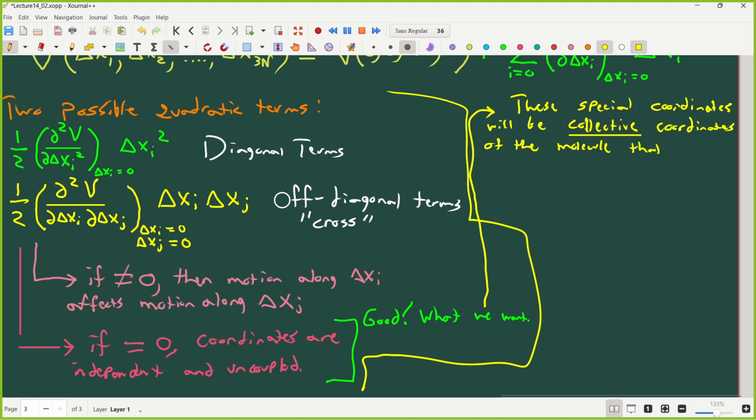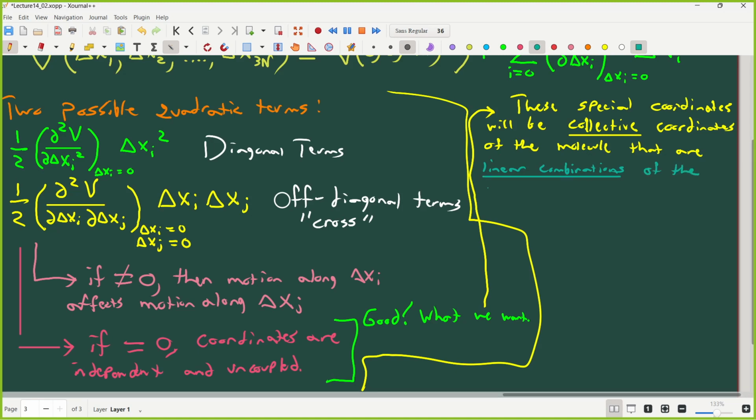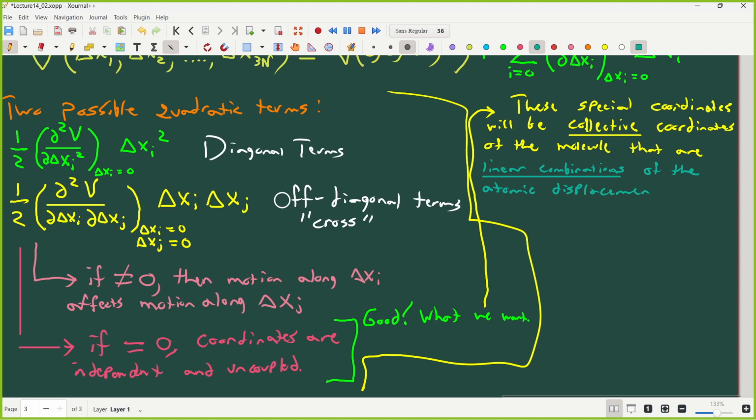That are, and this is the key phrase, linear combinations of the atomic displacements. Let me tell you what I mean by that. I'm going to reintroduce this term, but I'm going to tell you what they're called.